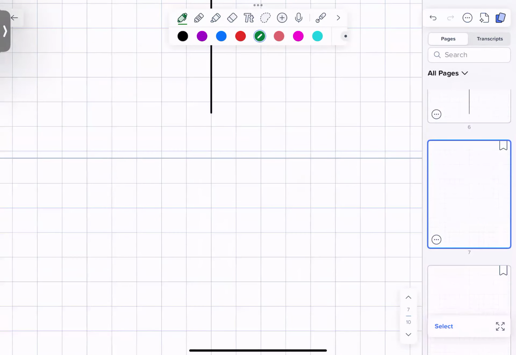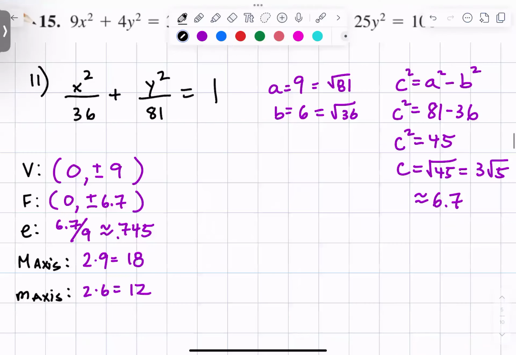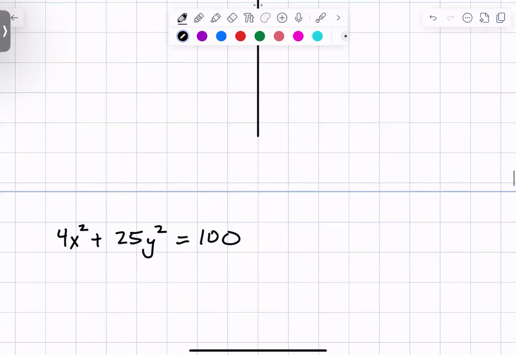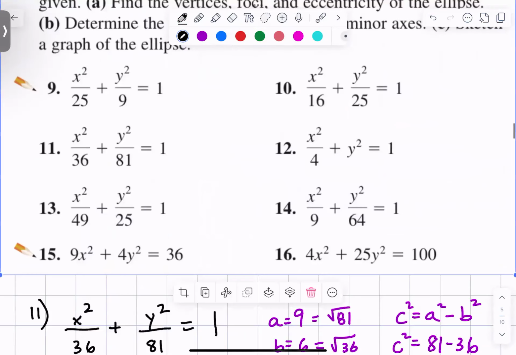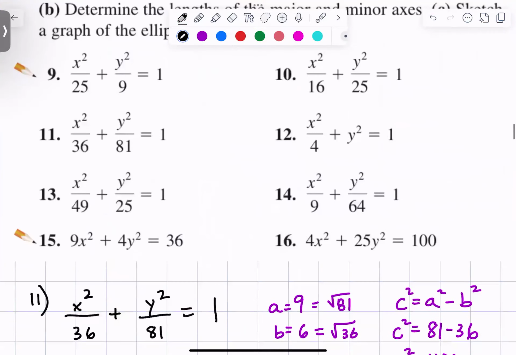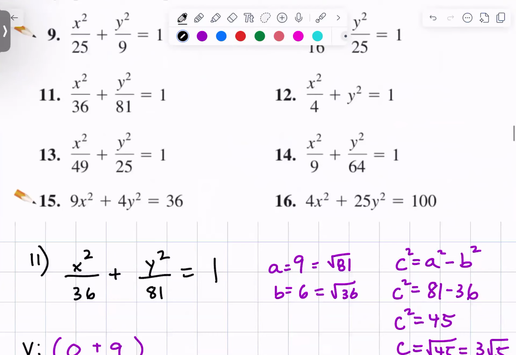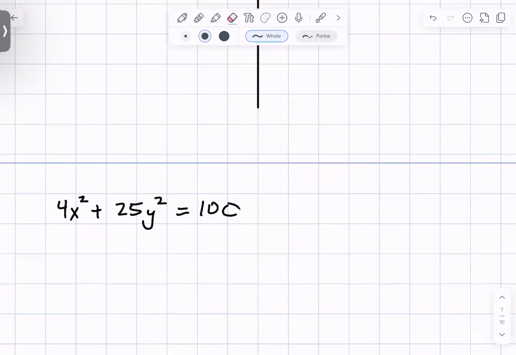Okay, so here we have 4x squared plus 25y squared. I'm sorry, I want to do number 15. I apologize. 9x squared plus 4y squared equals 36.